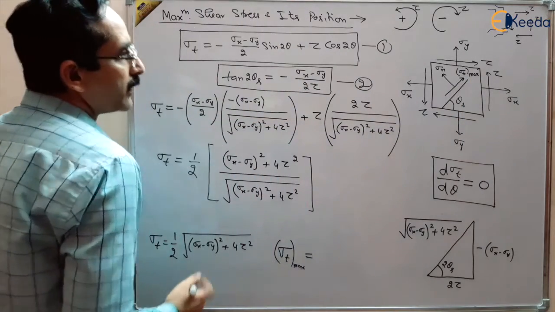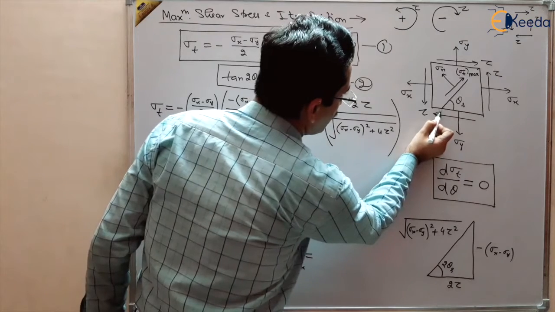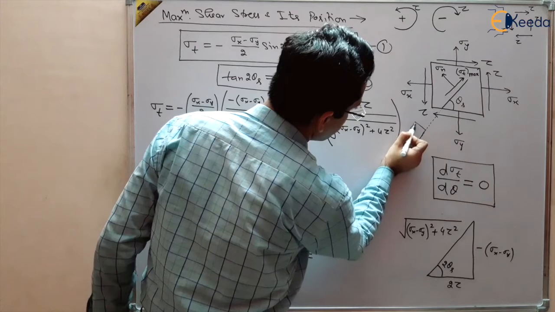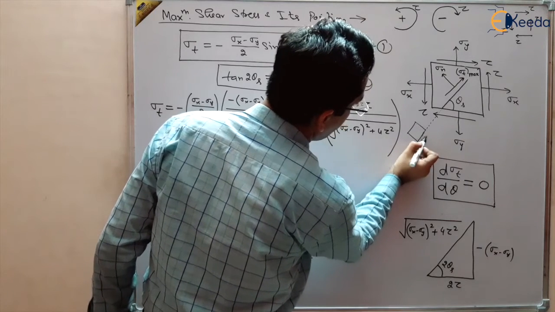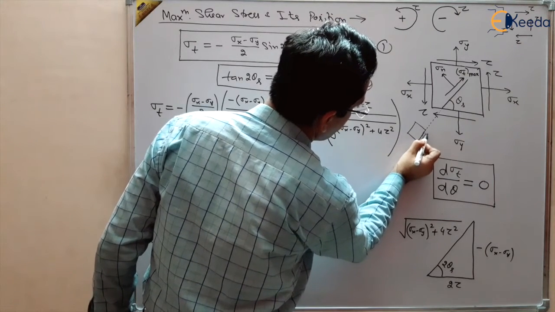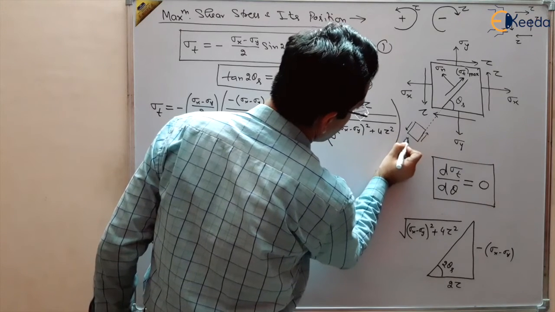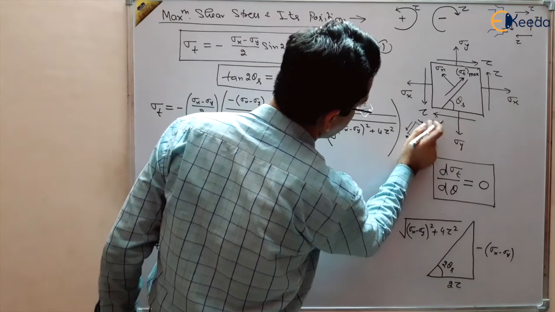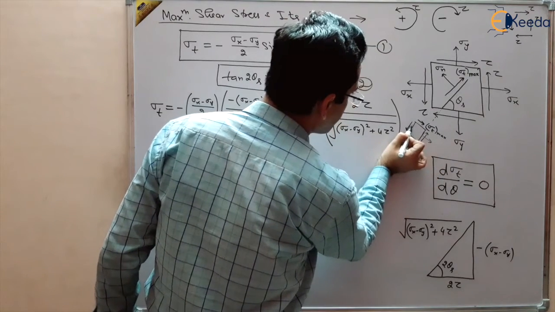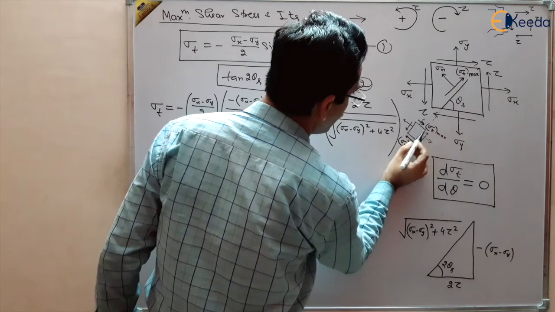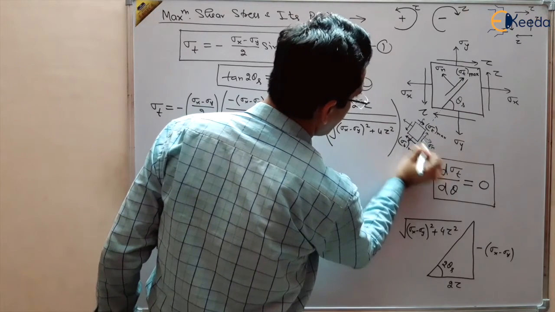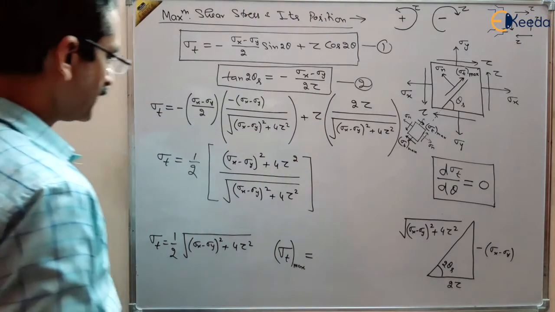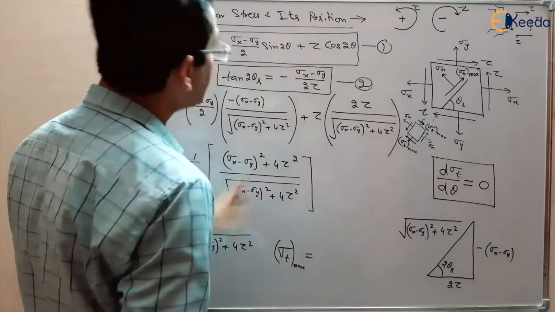So here if you want to see, this is the stress element, and there is some sigma t max here. There will also be normal stresses. It is not so that there are no normal stresses, there are normal stresses. Sigma n are also there, right? So this type of stress is there, one positive and one negative.